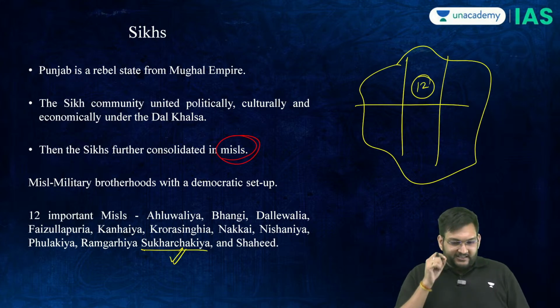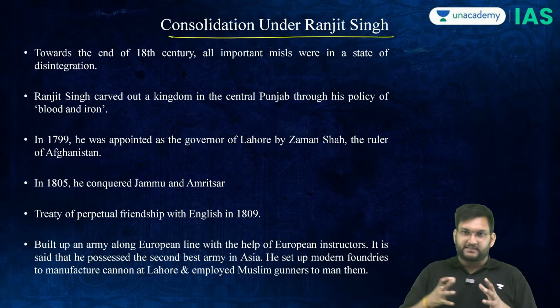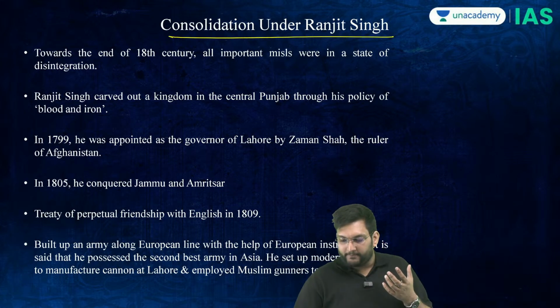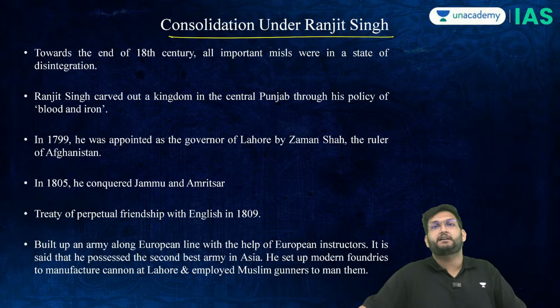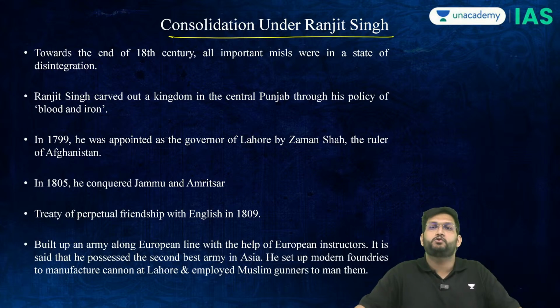Now, what Ranjit Singh will do is start to consolidate all these 12 misls together to create a very powerful empire, which is called the Sikh Empire under Ranjit Singh. Ranjit Singh used force, used violence, whatever it may be. He used blood and iron to bring all these 12 misls together.